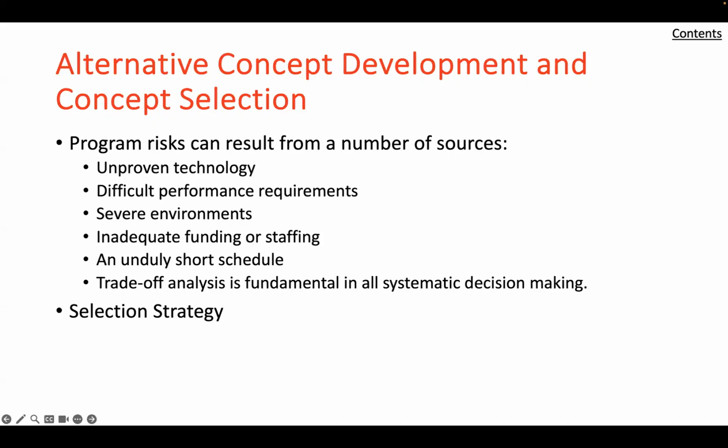So finishing up on alternative concept development and concept selection, we'll address two concepts here, program risk and also selection strategy. In terms of program risk, the assessment of risk is another primary systems engineering task and involves estimating the probability that a given technical approach will not succeed in achieving the intended objective at an affordable cost.